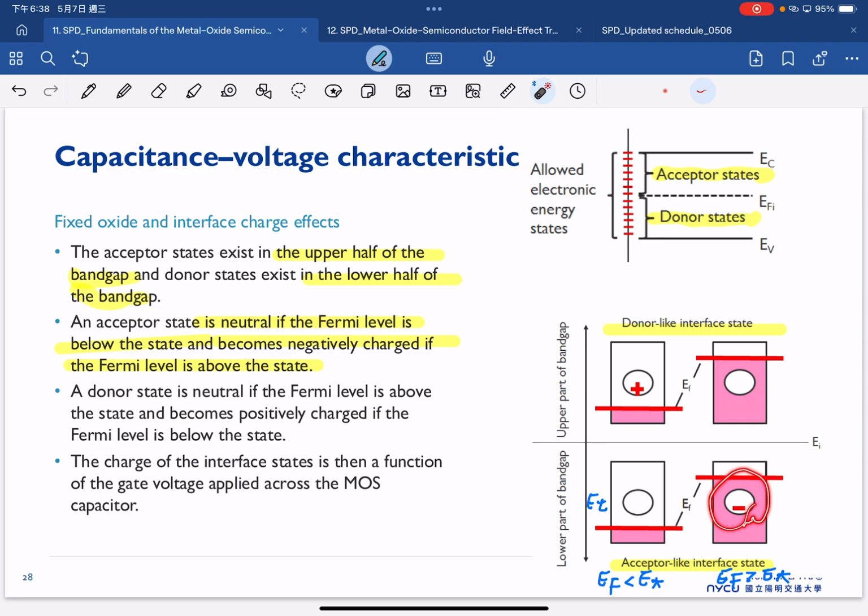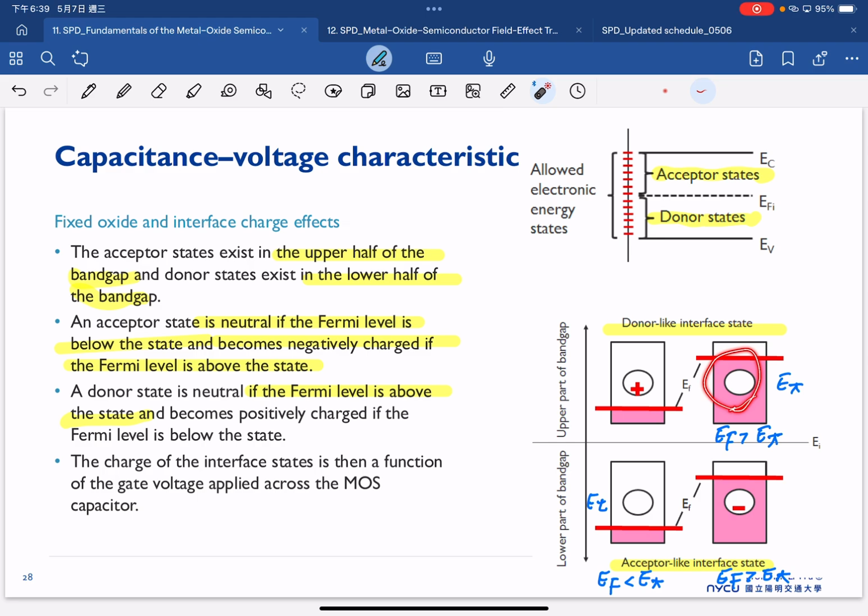On the other hand, we have something similar for the donor-like state, and donor-like has the opposite definition compared to the acceptor. A donor state is neutral if the Fermi level is above the state. So if we have ET, that's our trap, our interface state energy level, and our EF is larger than ET, then the donor-like state will behave as neutral, as shown here.